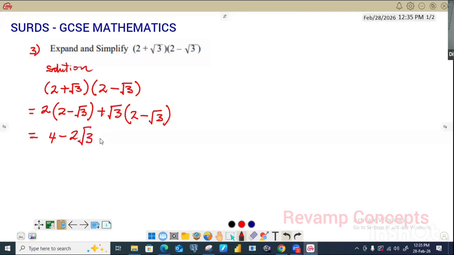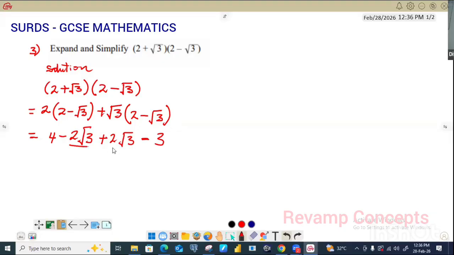Same thing to this place. Plus root 3 multiplied by 2 will be equal to plus 2 root 3. And the plus root 3 multiplied by minus root 3 should give us minus root 9. And root 9 is 3, so we are going to write minus 3 straight away. Hope that is clear.